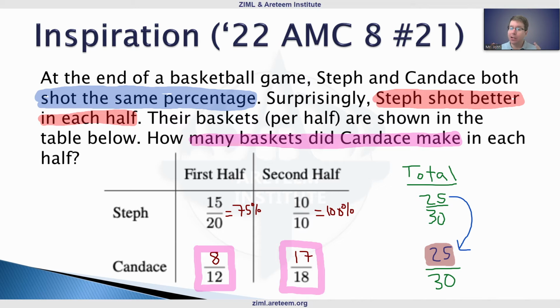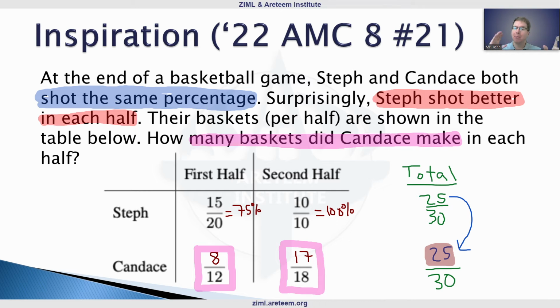Now, a little note about what's happening here. Notice that Candace shot more shots in the second half. So even though Steph shot better, Steph was 10 of 10 in the second half, Candace was just below that at 17 for 18. And that's where some of these interesting things are going on.